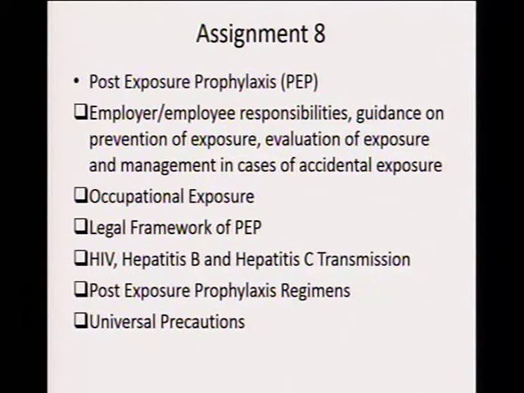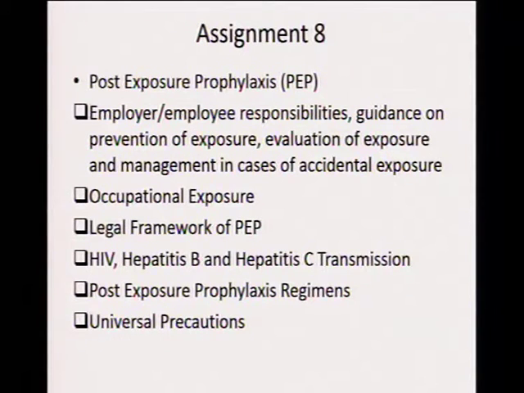The last one, assignment 8, is about PEP or PrEP, post-exposure prophylaxis, which is very popular, especially where people are working in a laboratory setting, working with blood, and they can have a needle prick. People are exposed in a medical environment, where they can be at risk of HIV infection, like working with blood in a hospital or laboratory, working with patients.